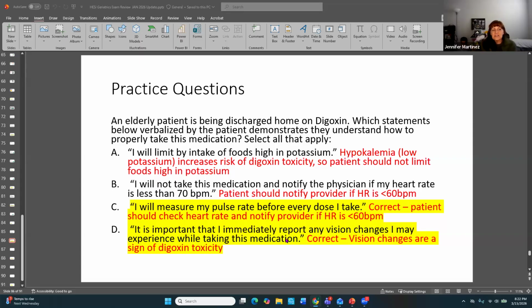So yes, correct answers are measure their pulse rate before every dose they take, because unless it's less than 60, we're going to hold it and call the healthcare provider. And then it is important that I immediately report any vision changes I may experience while taking this medication, right? Because vision changes are a sign of dig toxicity.